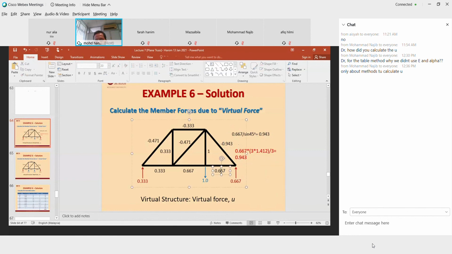So what is this one? This one is equal to 0.667, which is 0.943 multiplied by 3 divided by 3, equal to 0.667.